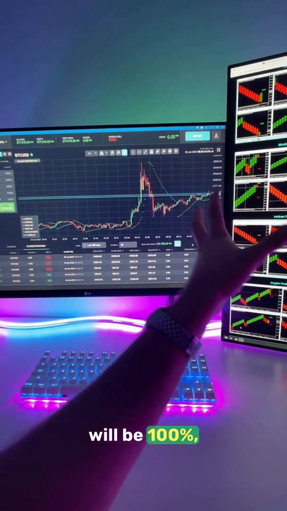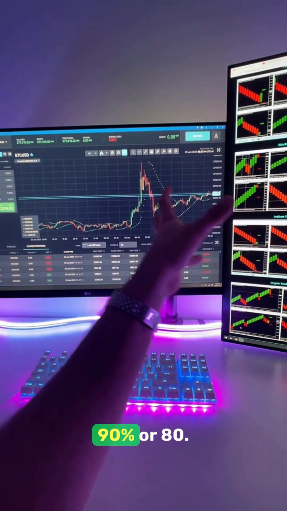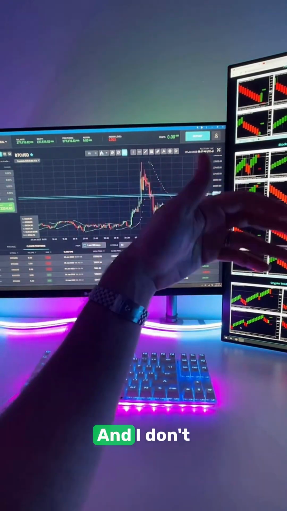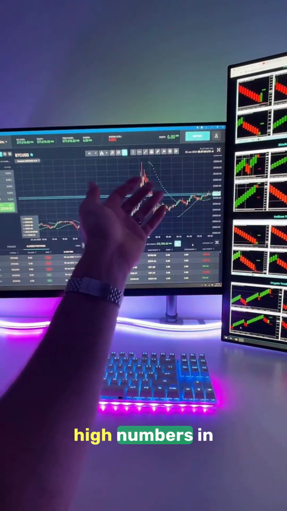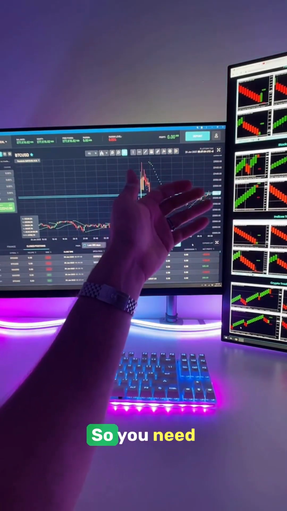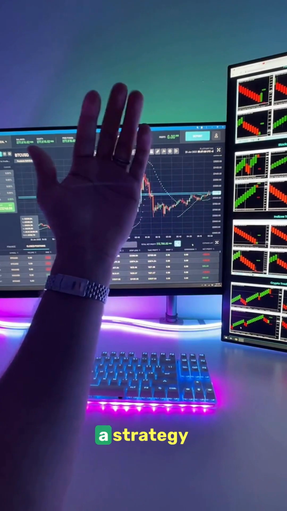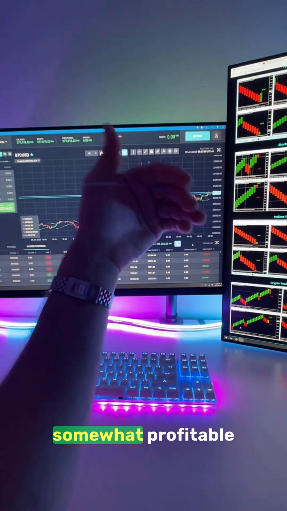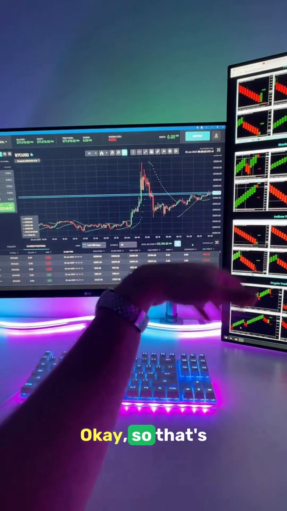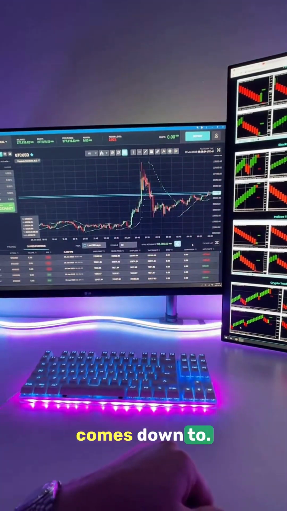Remember, nothing will be 100%, nothing will be even 90% or 80. Those are really, really high numbers, and I don't know of anyone that has such high numbers in accuracy. It's pretty much impossible. So you need to just have a strategy that's somewhat profitable and you're consistently using it. Okay, so that's really what it comes down to.